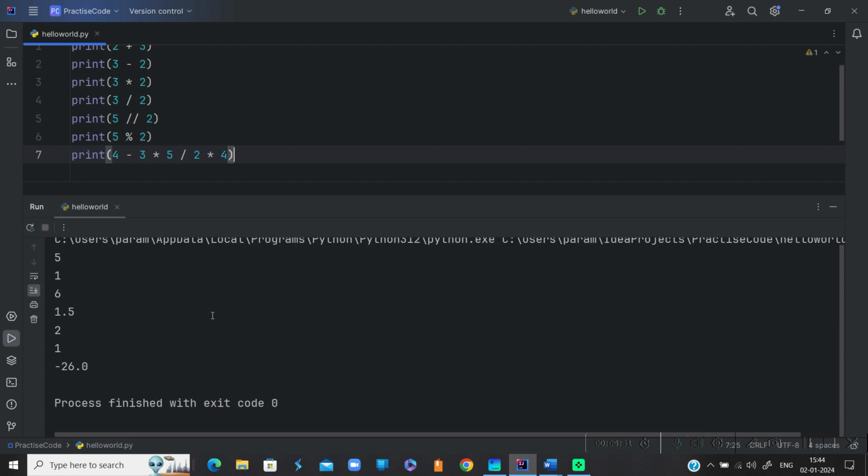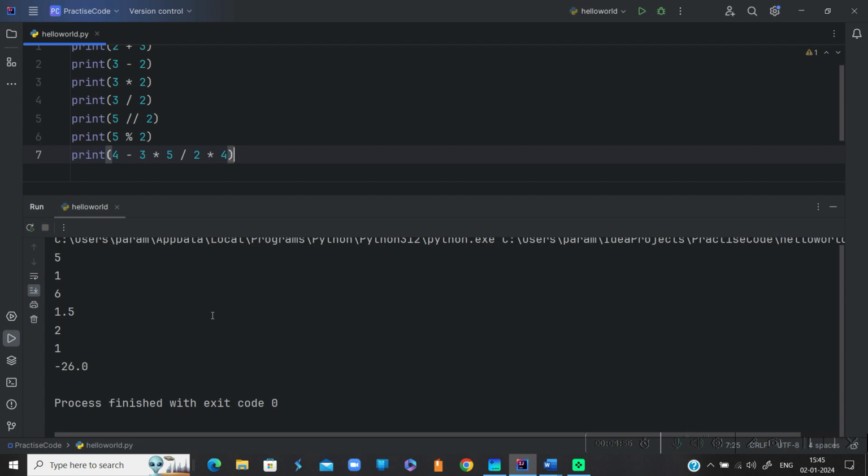Actually, when we do a calculation, we start from left to right and calculate step by step. 4 minus 3, then 3 into 5, then 5 by 2, then 2 into 4. This is left to right, how we do the operations.